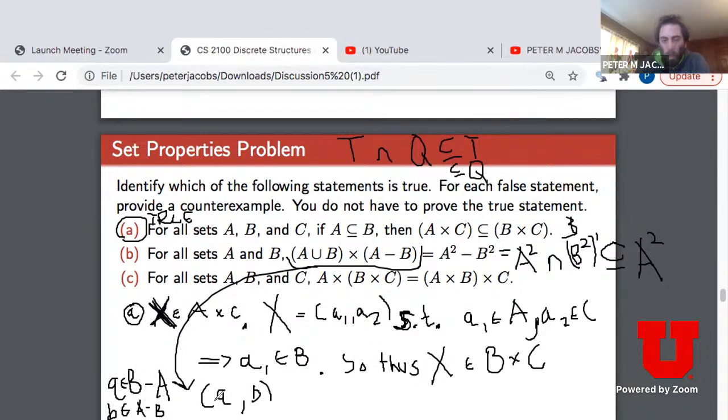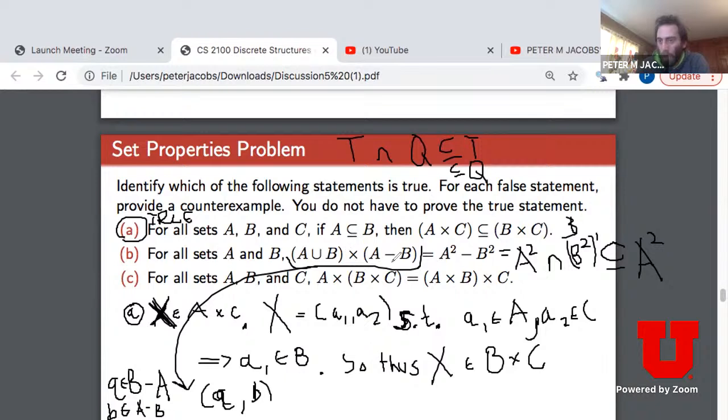So this ordered pair (Q, little b) is in the left-hand side. The first element in the ordered pair is in B without A, so it's in B, and therefore it's in A union B. The second element, little b, is in A without B. So this ordered pair is in the left-hand side.